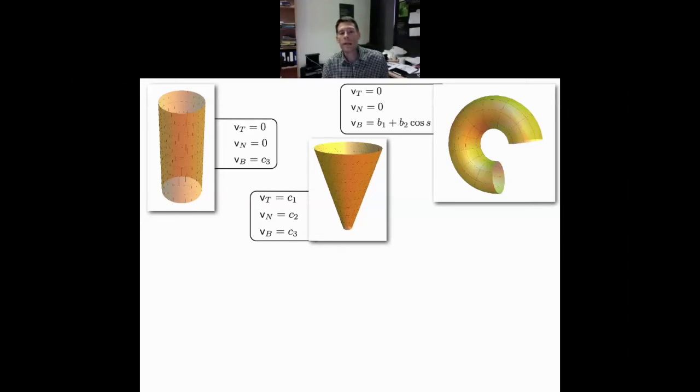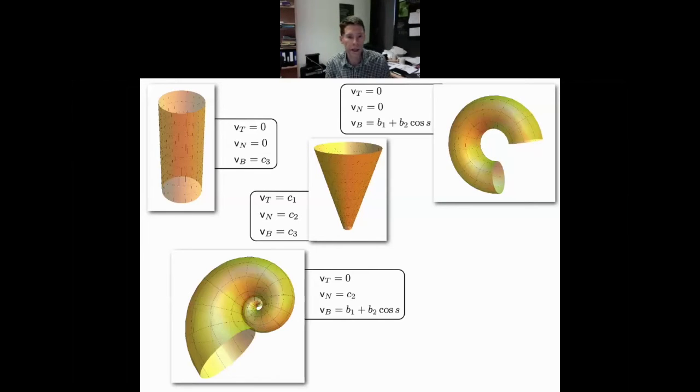If you have growth only in the binormal direction, but with a gradient, so the cosine of S, where S is the variable following the aperture, really just means that in the X direction, there's a linear gradient. So the outside is always growing at a faster rate than the inside. You can work that out, and conceptually you can appreciate that that would create a torus.